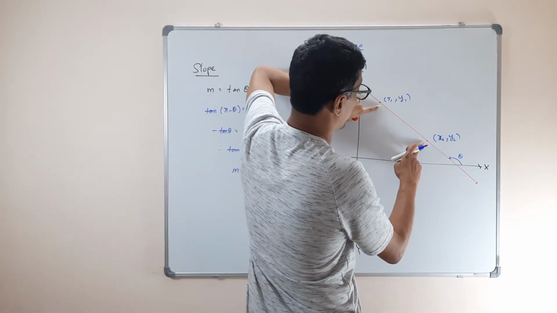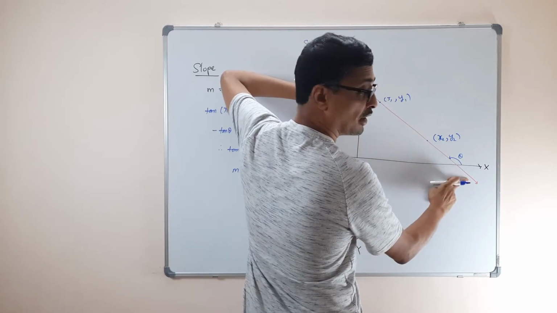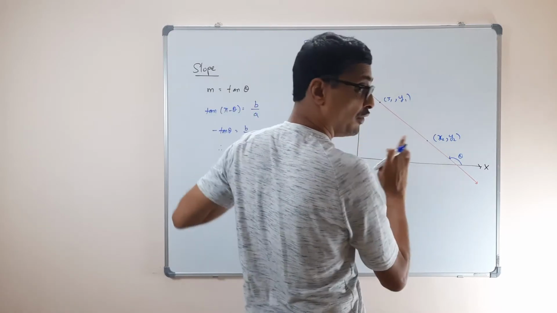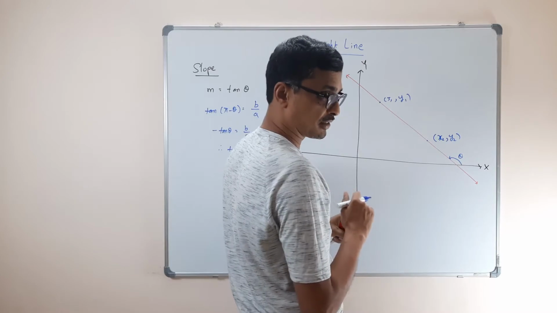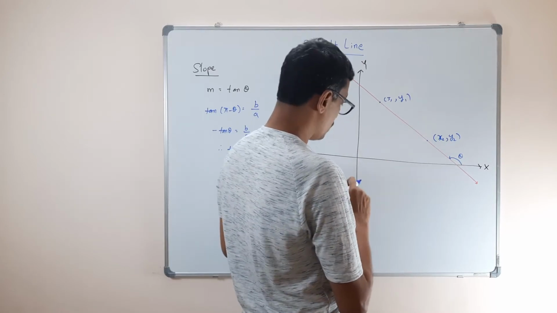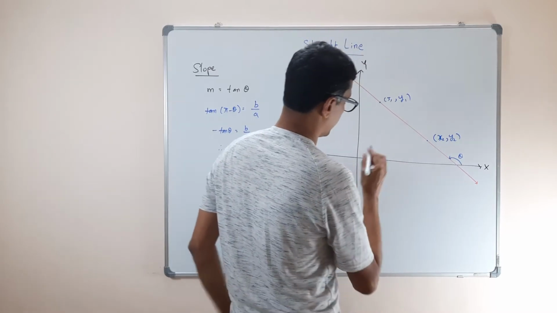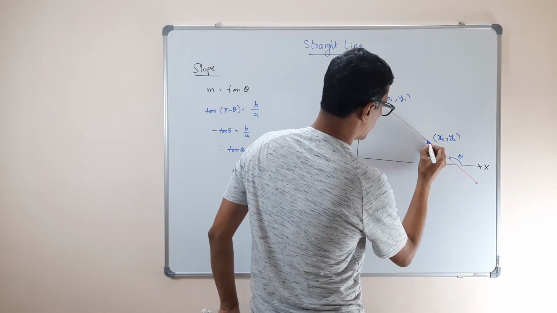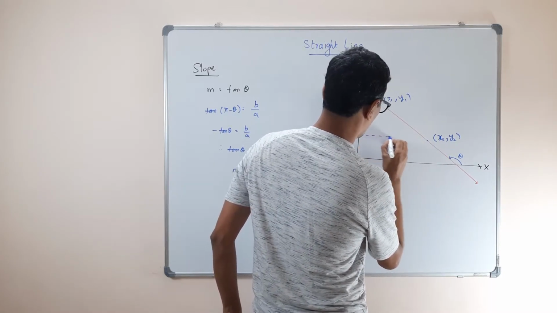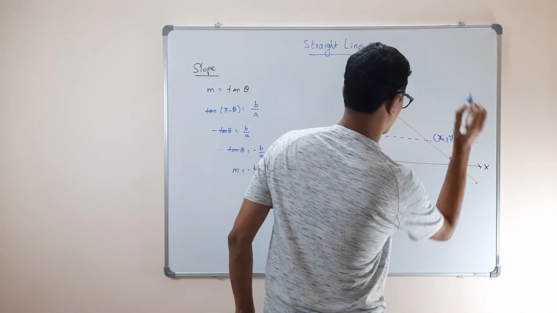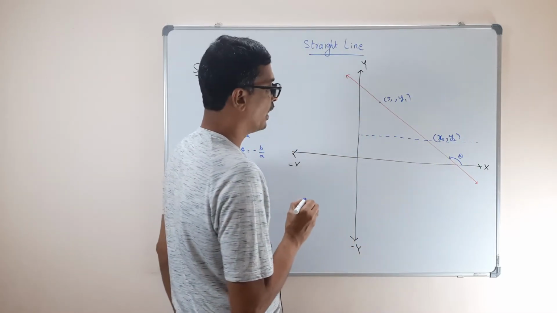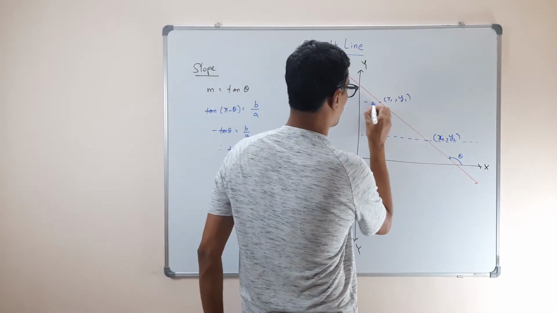It's not necessarily that this point has to be here. This point can be here, here, wherever it is. For all points, we will get the same formula. So now, how am I going to find that? Let me pass through this point x1 a line parallel to the x-axis, and similarly here also.